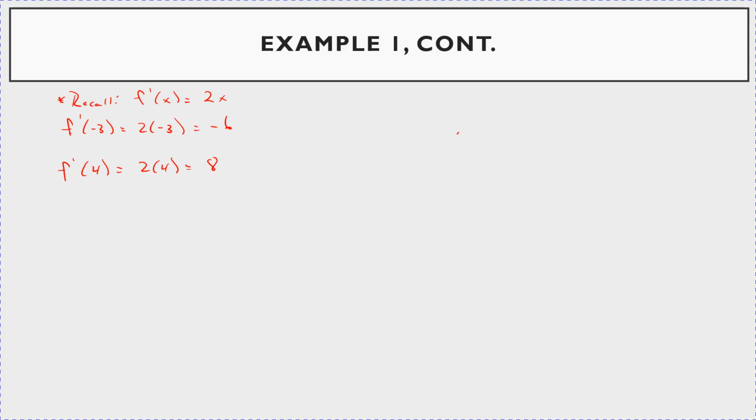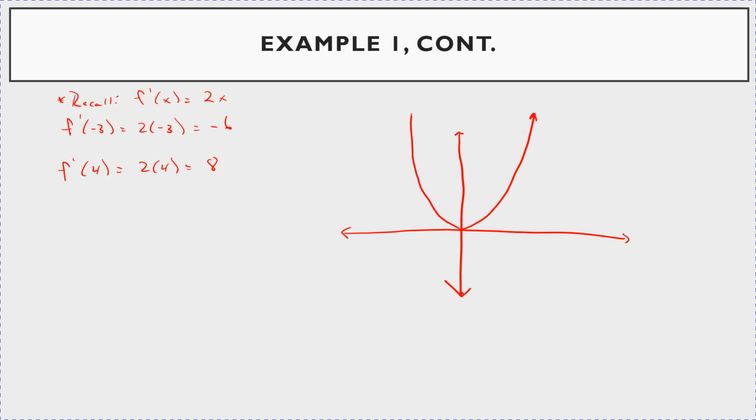Let me just show you this, so you can see how this is working. All right, so what I'm doing is a rough sketch here, forgive me that it's super rough. This is the function f of x is equal to x squared. This is my original function. When x is equal to -3, this is the graph right here.